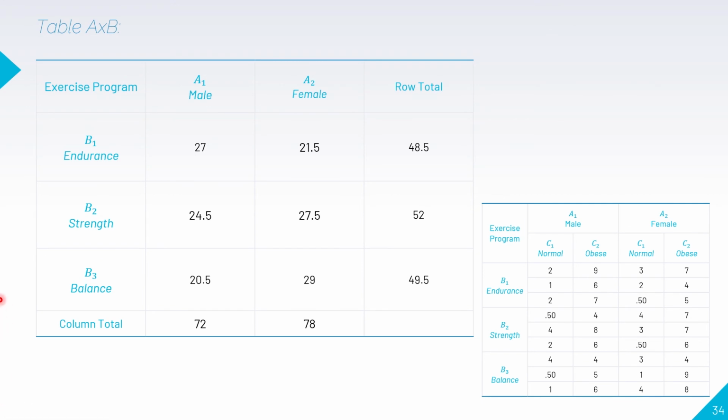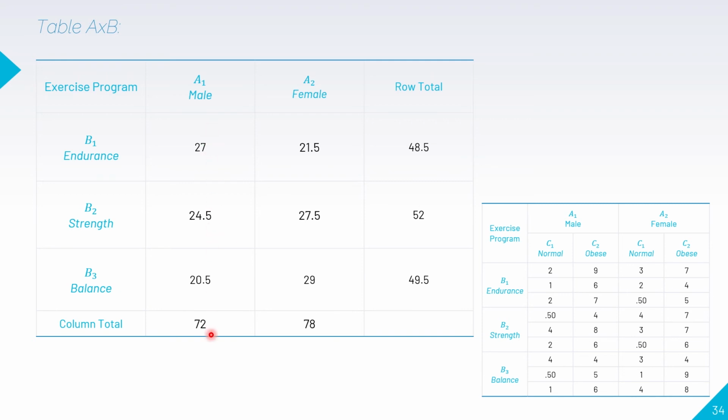Now, let's find our A by B. Our A is gender, male and female, and our B is our exercise program. As I mentioned earlier, to find this one, we just need to add all of these. We have 27. Add this one, we have 24.5. Add this one, we have 20.5.